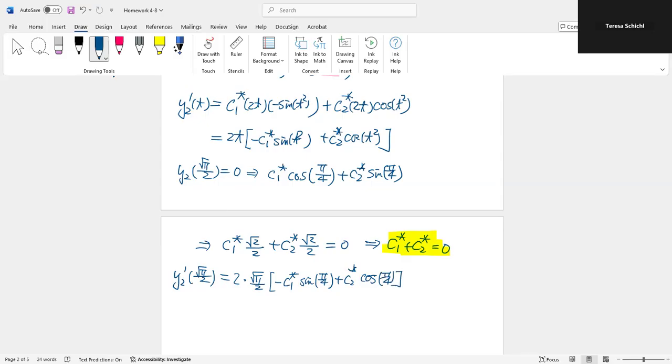This whole thing is equal to square root of 2 pi over 2.